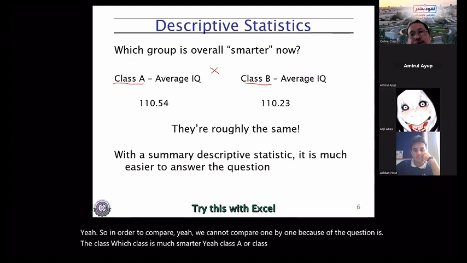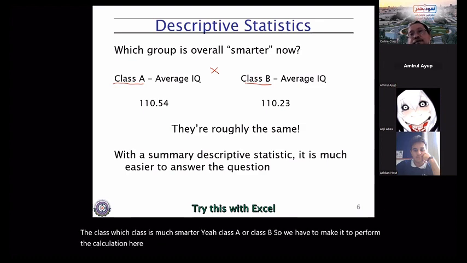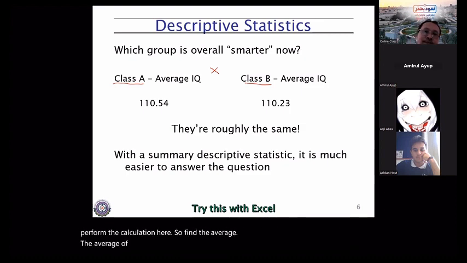So we have to perform the calculation here: find the average of the class. Based on the average, then after that we can compare, right?